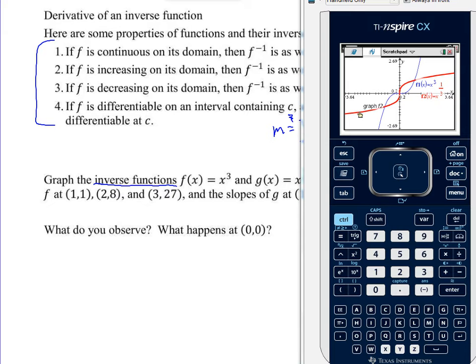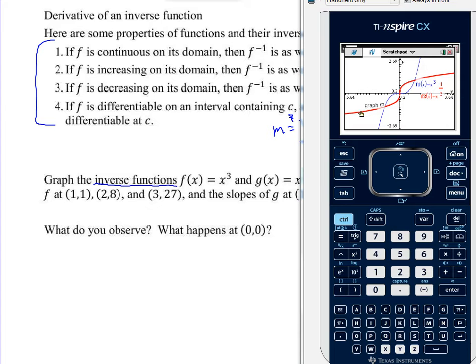Now, based on the stuff we've seen with these 4 ideas right here, take a look at this last one. Do we have a spot where the slope of the original goes horizontal? And therefore, if we look at the graph, do we have a spot where the slope goes vertical? Yeah. Is the blue function continuous?